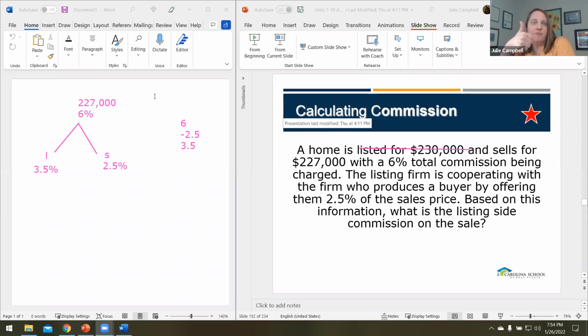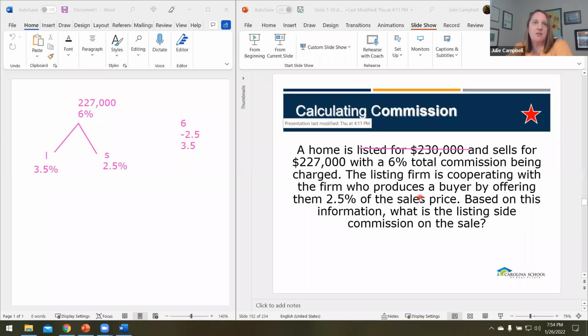Everybody see where I get 3.5%? I took the 6, we divvied it up. The problem wants to know about the listing side. What's the listing side commission? In this case, we're not taking a step further. We're just looking at the side, the first tier. What the listing side is getting is 3.5% of the sales price.